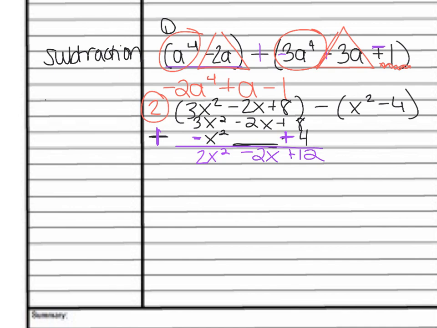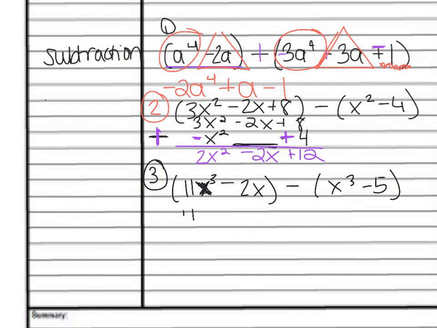Let's try one more. This will be our last example. So I have 11z to the third. Ugh, I hate z's. I'm going to change them to x's. 11x to the third minus 2x minus x to the third minus 5. So first I'm going to write it vertically.